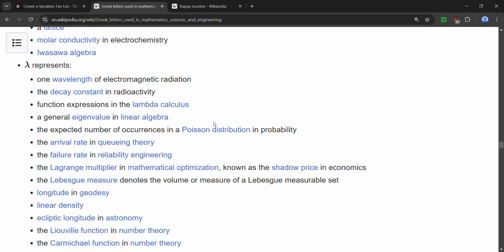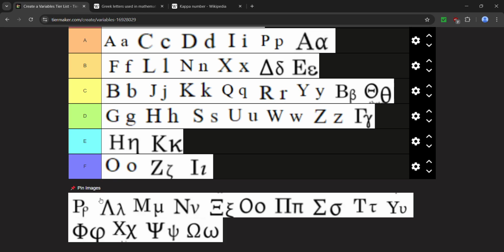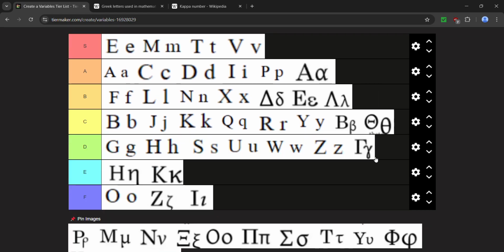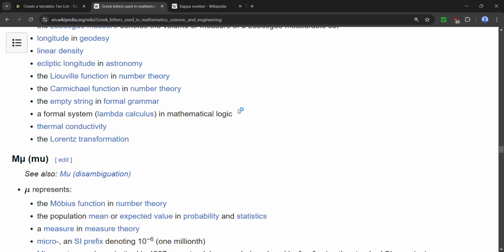None of those are good to the level where regular people would actually use that, but I'm a fan of all of those as variables. So I think I'm going to put this in B tier.